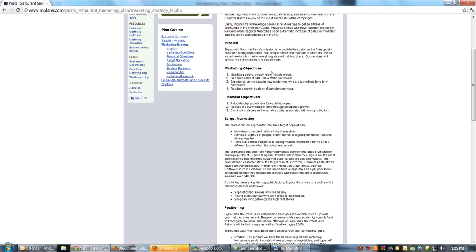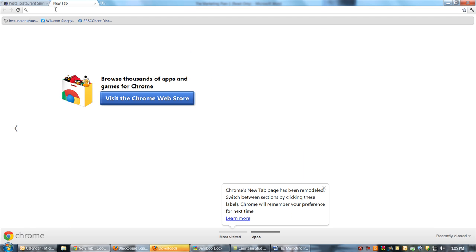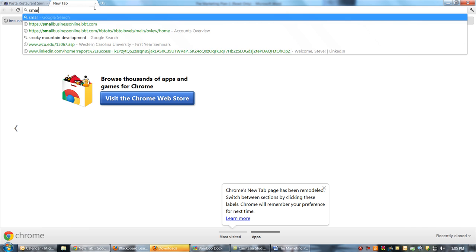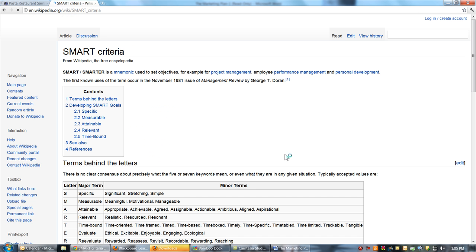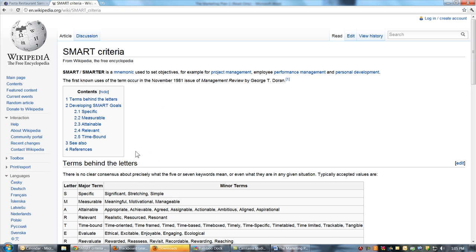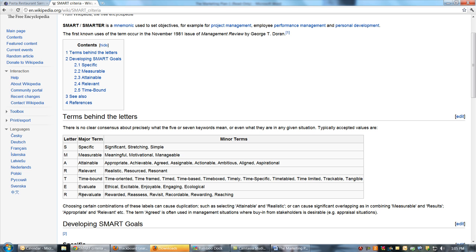Marketing objectives need to be something we call SMART, and I'll go ahead and show you what that is. SMART objectives are, well, I said that, but yeah. You'll see it also SMARTer, but I don't see much need for the last two here. Specific, measurable, attainable, relevant, and time-bound. That makes a good objective.